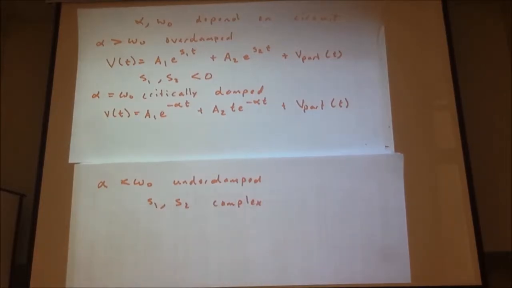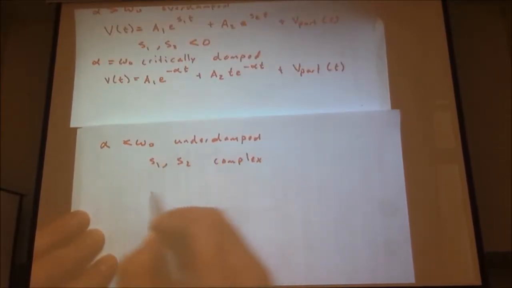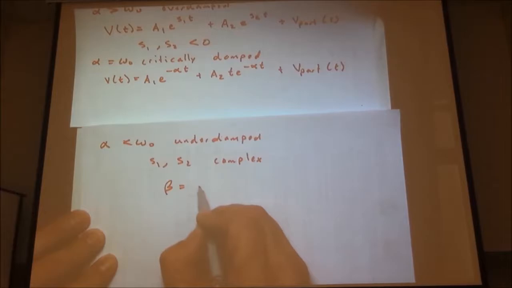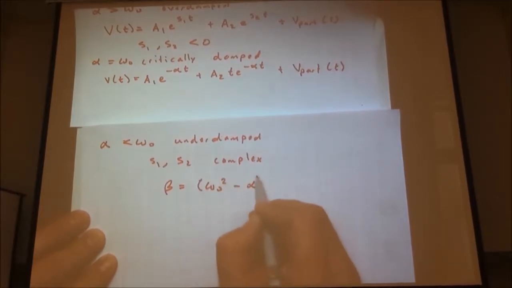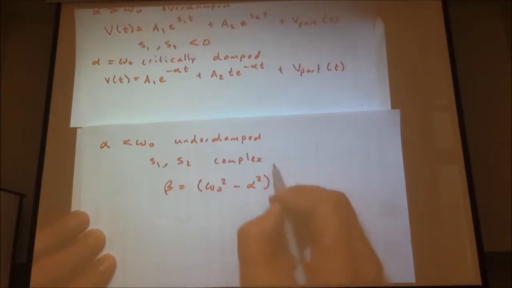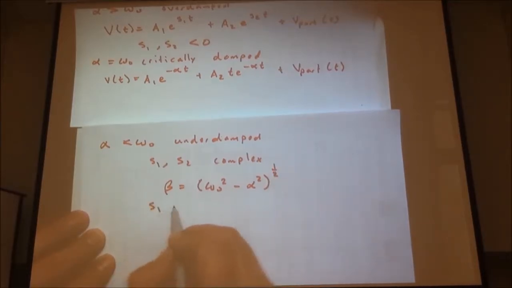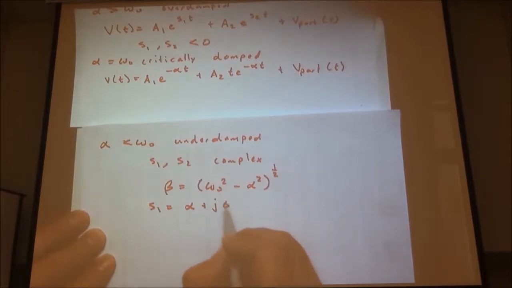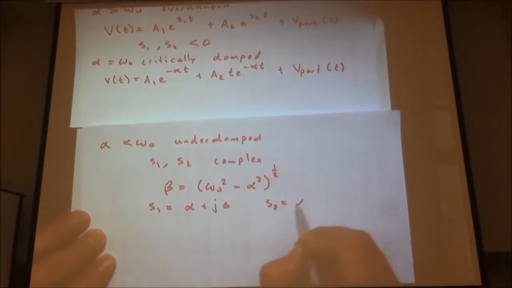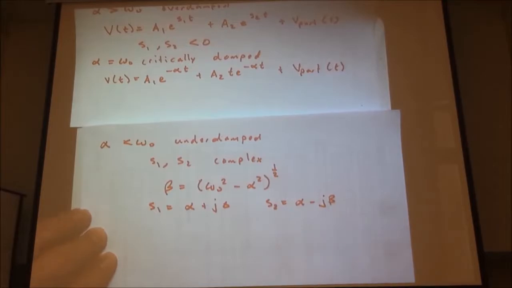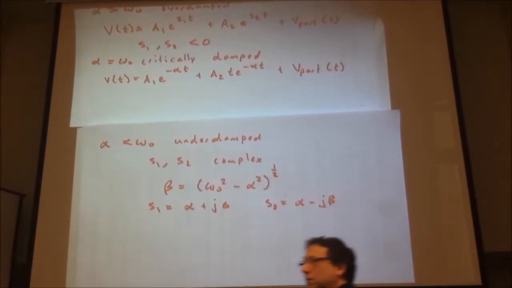And to be a little bit specific, we can write this beta, we used this last week, as the square root of omega naught squared minus alpha squared. And S1 could be minus alpha plus j beta, and S2 equals minus alpha minus j beta. And that came out of the quadratic expression I had so much trouble with last class.